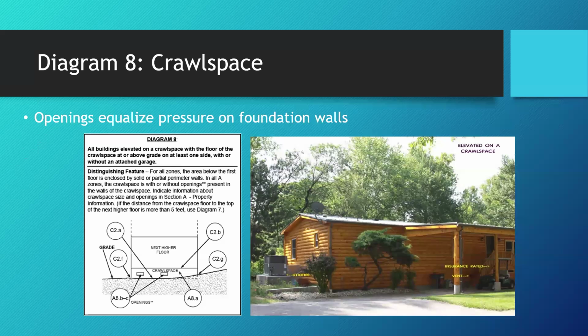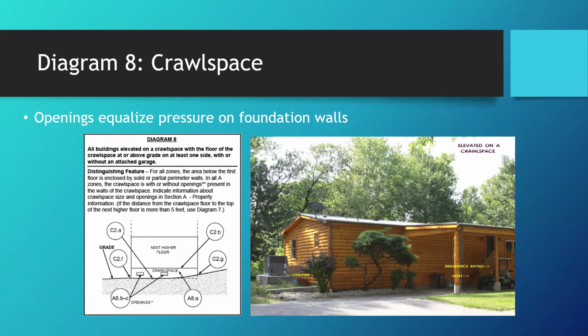And we've had that happen where people build a crawl space, but then add fill around the outside of the house, and then that inadvertently creates a basement. So that's something that can happen. So it's important that the interior is at the same level or a little bit higher. But that's going to be your C2A, the crawl space floor.